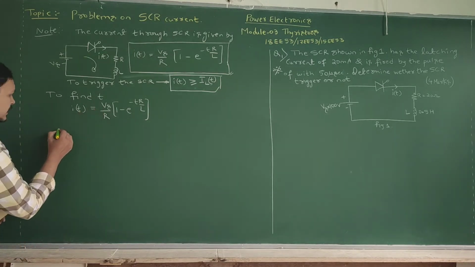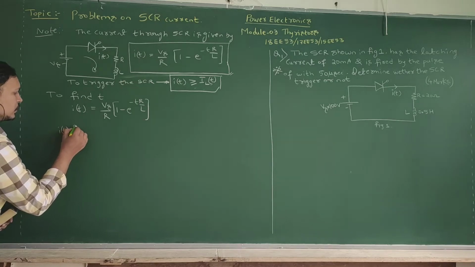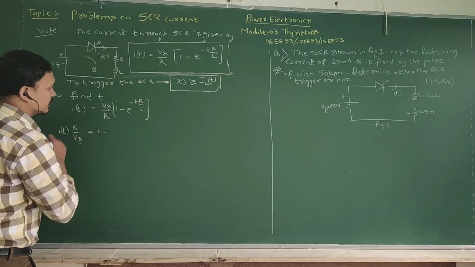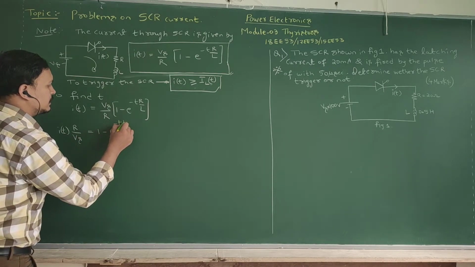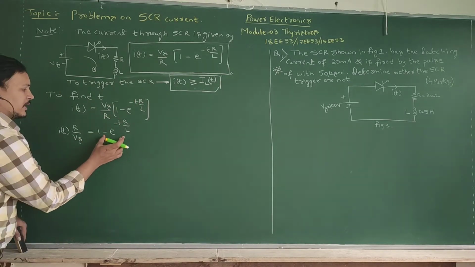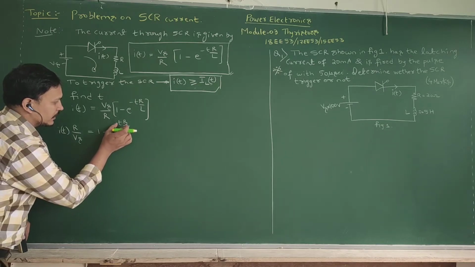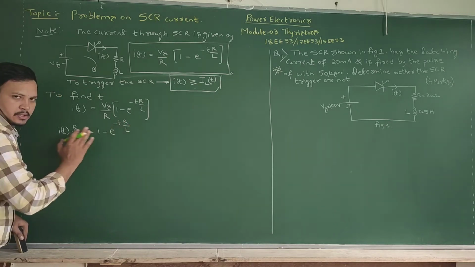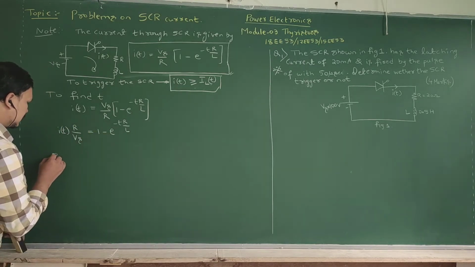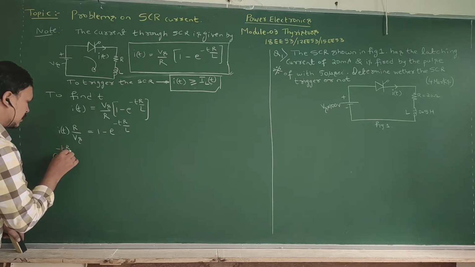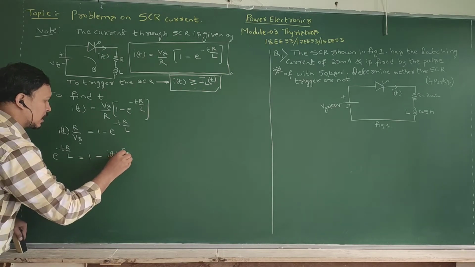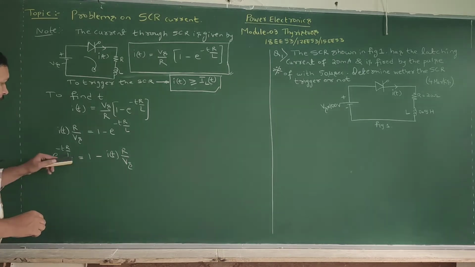So therefore we can write I of t into R by Vs is equal to 1 minus e to the power of minus t R by L. Next, I am taking this term 1 to the left hand side, it becomes positive, and this thing I am writing on the right side, it becomes negative. So therefore I can write e to the power of minus t R by L is equal to 1 minus I of t into R by Vs.